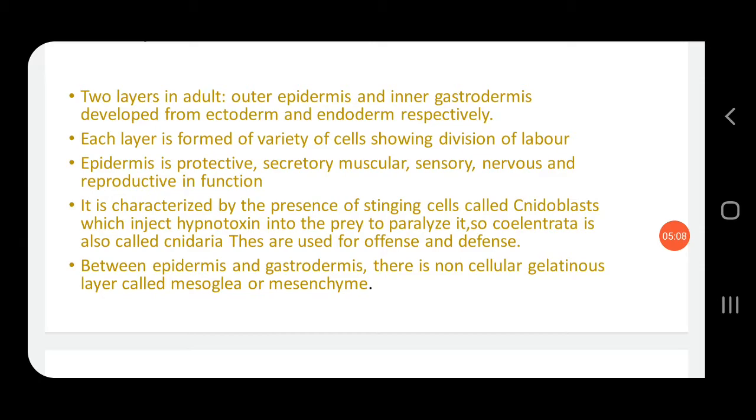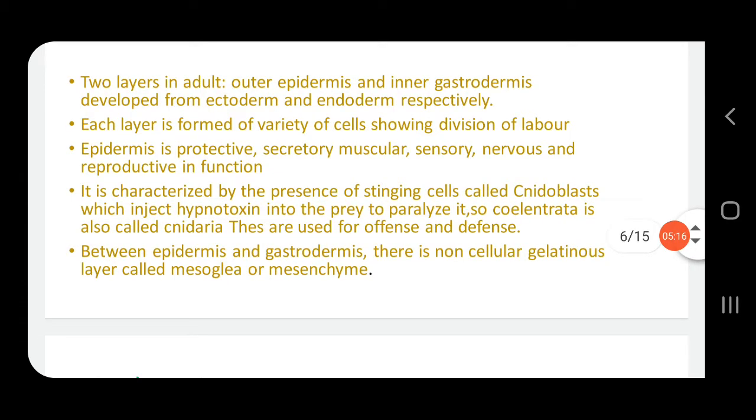Due to the presence of these cnidoblasts, this group is also called cnidarians. Besides these two layers, there is one more non-cellular gelatinous layer present in between them, known as the mesoglea or mesenchyme layer.